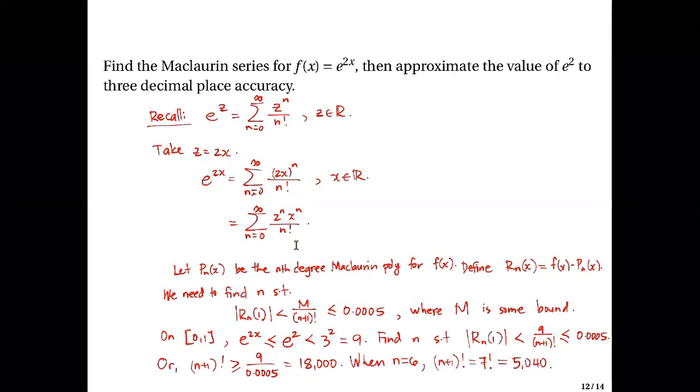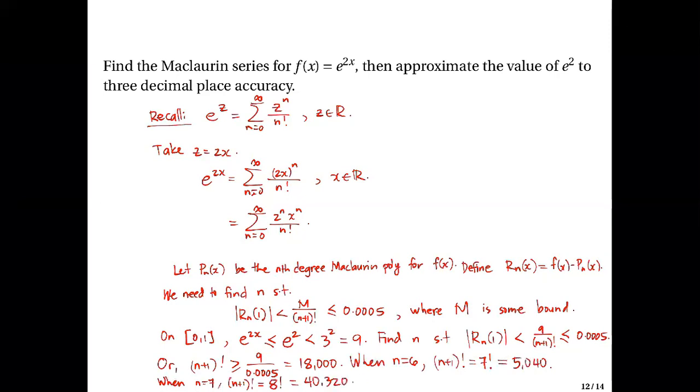When n equals 7, n plus 1 factorial is 8 factorial, which is equal to 40,320.